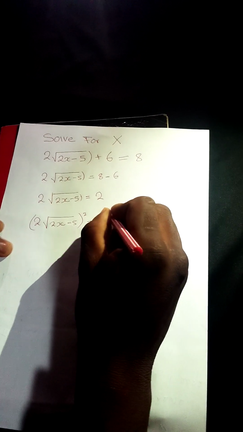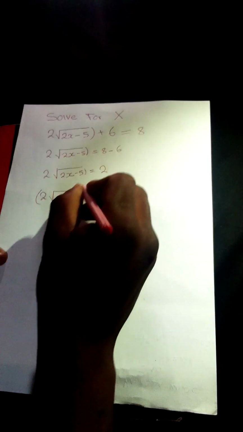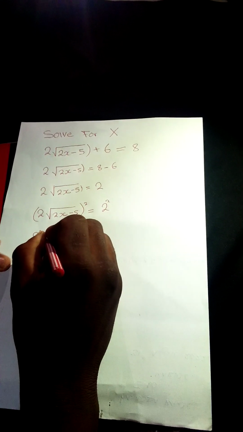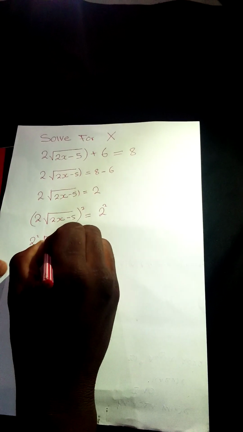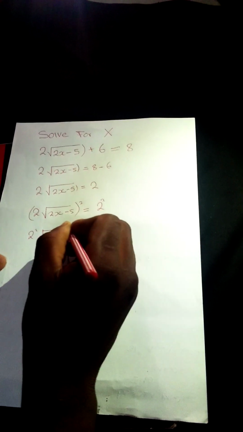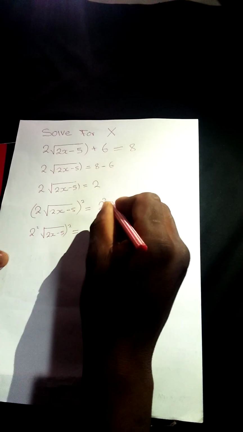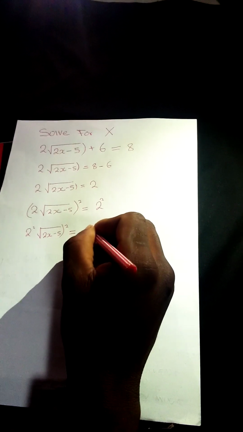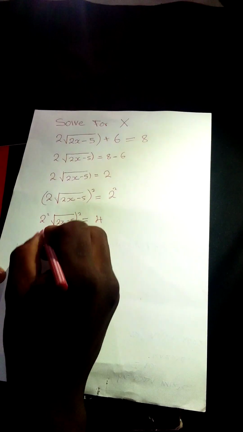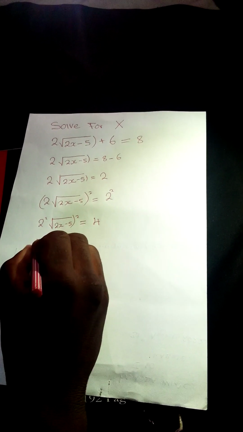So we have 2 squared times the square root of 2x - 5 also squared, and 2 squared means 2 times 2, which is equal to 4.